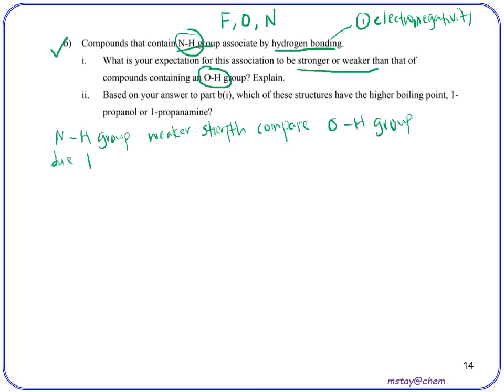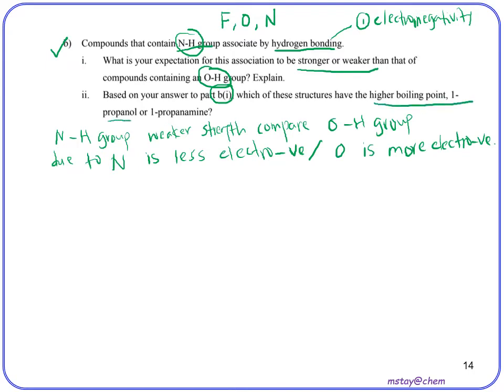due to nitrogen being less electronegative, or you can say oxygen is more electronegative, also no problem. So based on your answer in part B1, which of these structures is going to have a higher boiling point? 1-propanol and 1-propanamine.